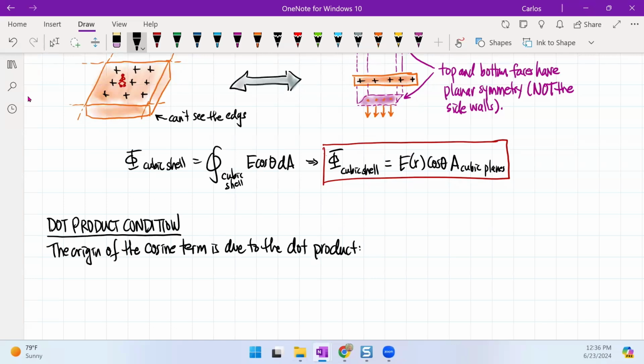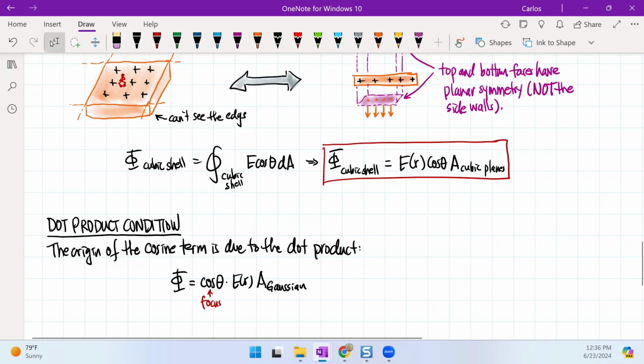As we already said here, we can write the flux in terms of cosine of theta, E of r, times the area of the Gaussian. So in this case, this is the term that we got to focus on.